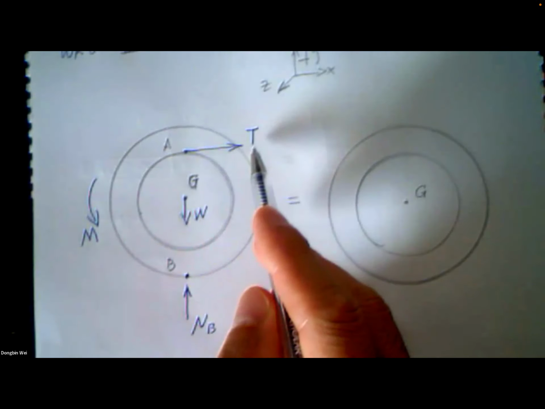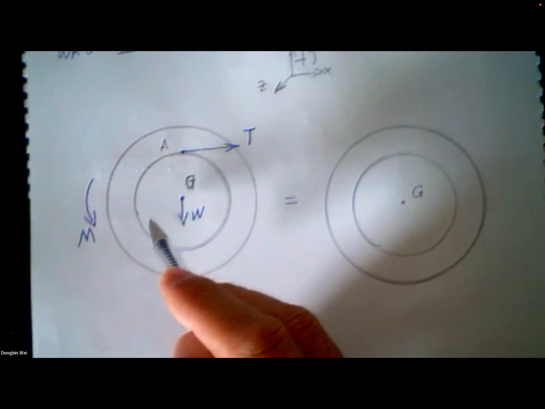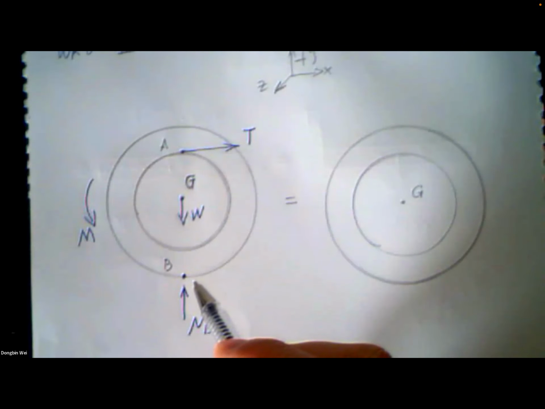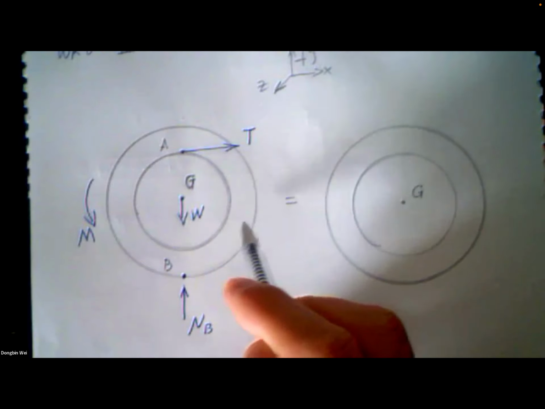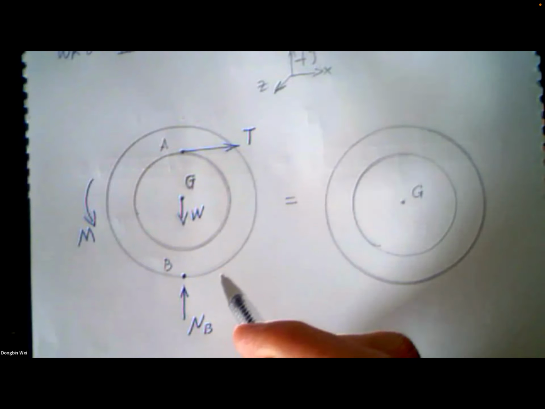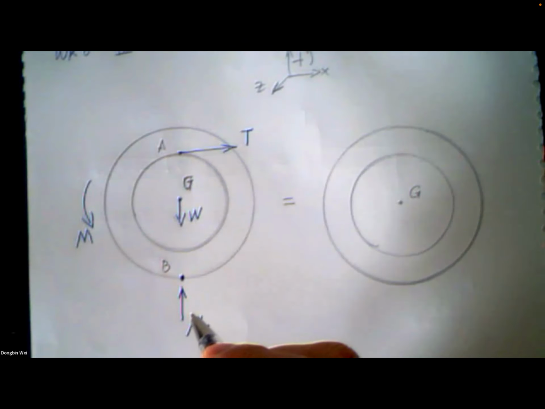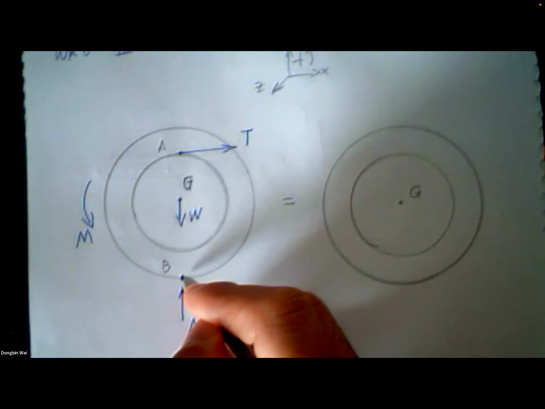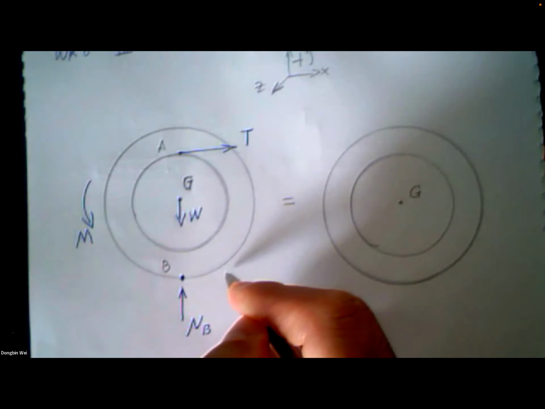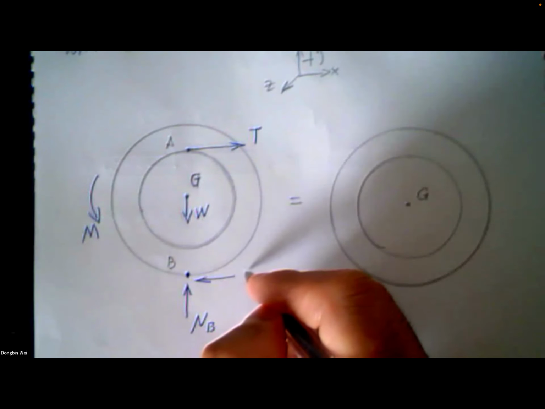Because of this cord, this spool will still get a rotation. And in the meantime, it will be moving to the right side. So whatever point B on this spool, its moving direction should be to the right side, okay? And then the friction direction must be opposite.